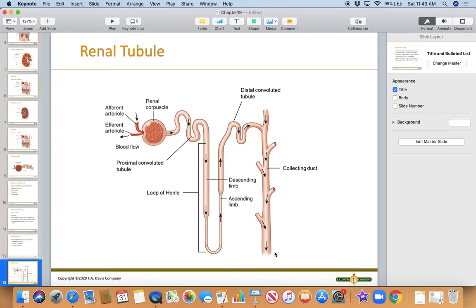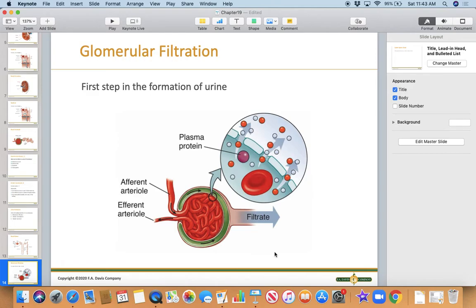Next, we're going to talk about glomerular filtration. So the blood enters through this afferent arteriole, and you can see the afferent arteriole is much bigger than the efferent arteriole. Since the afferent arteriole has a much bigger diameter, there's going to be more resistance in the efferent arteriole, and that makes the pressure in the glomerulus very high.